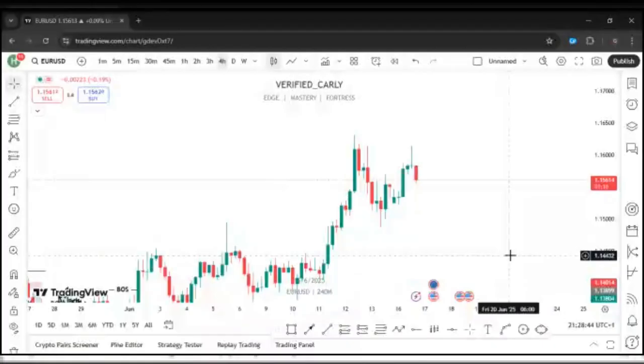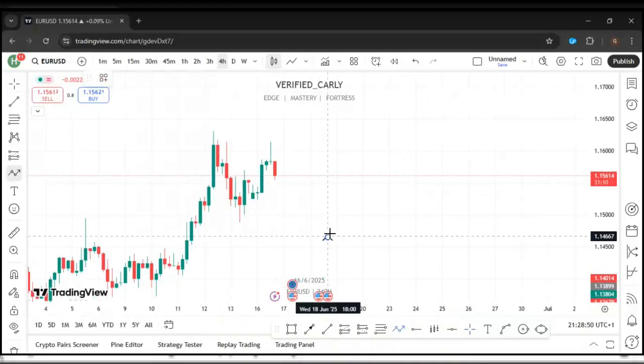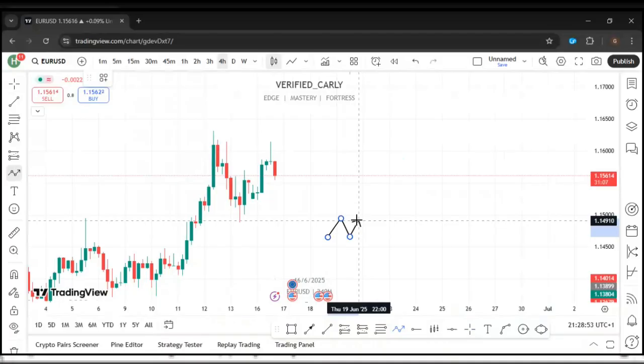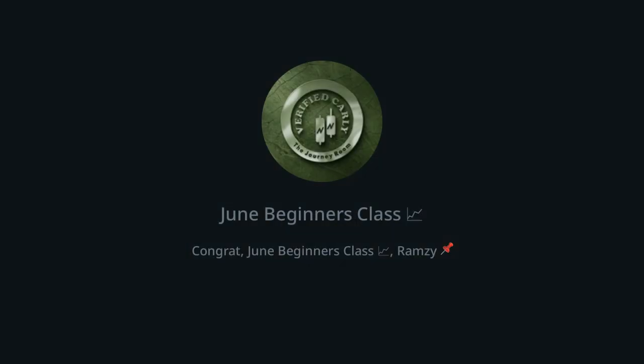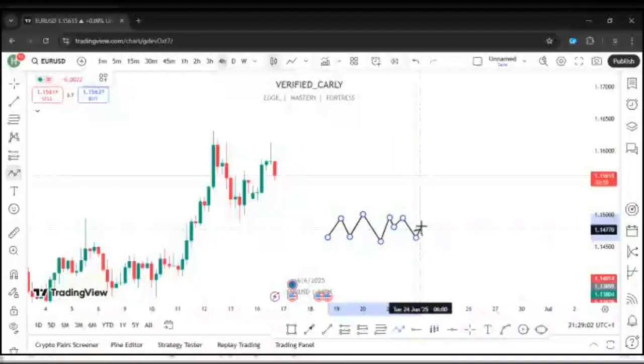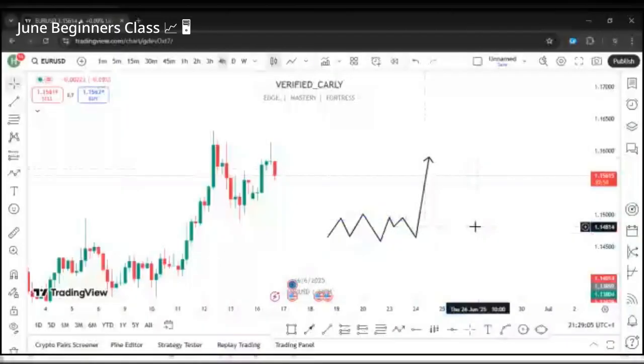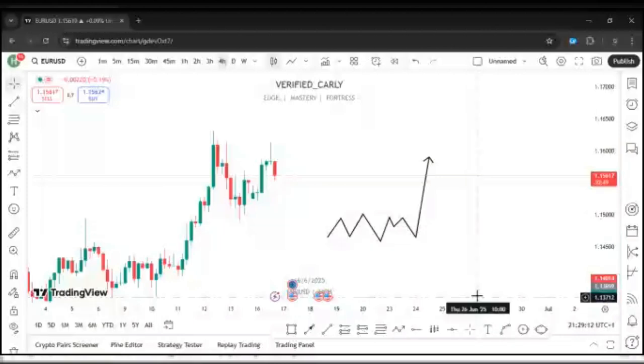So for example, let's say price is going sideways like this, that is consolidating. And the next thing, you see something like this. Price broke out. There might be a red candle around here.